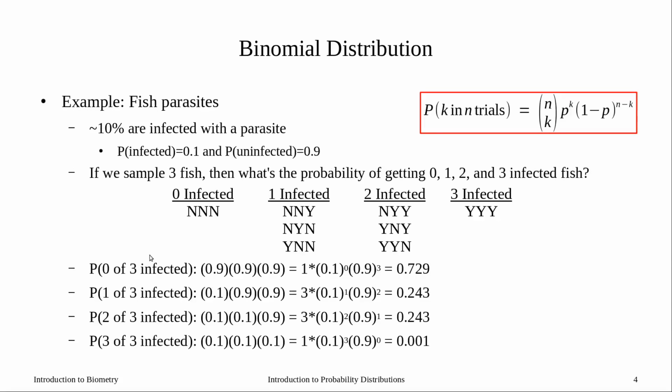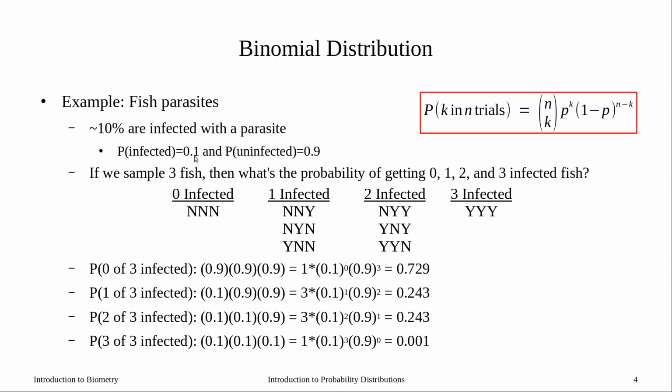So how would we do the probabilities? Well, if we did it by hand, we would use our multiplication rule. So for example, with 0 infected fish, we would do the probability that the first fish is uninfected times the probability that the second fish is uninfected times the probability that the third fish is uninfected. Well, what's the probability of uninfected? Well, we go back to our problem. We said that the probability of infected is 0.1, or 10%.